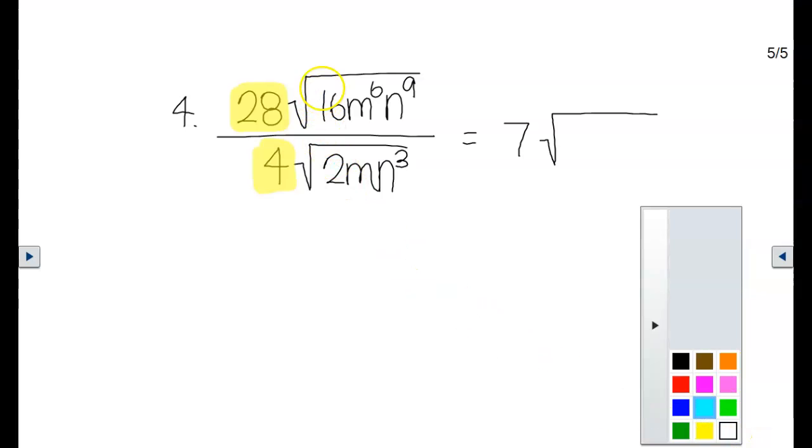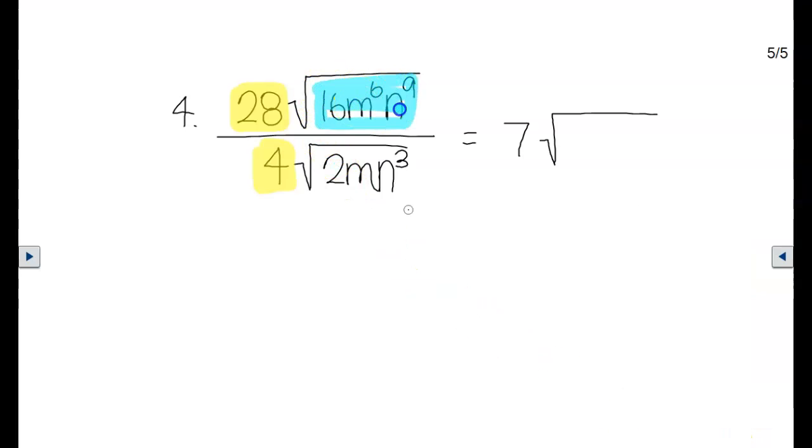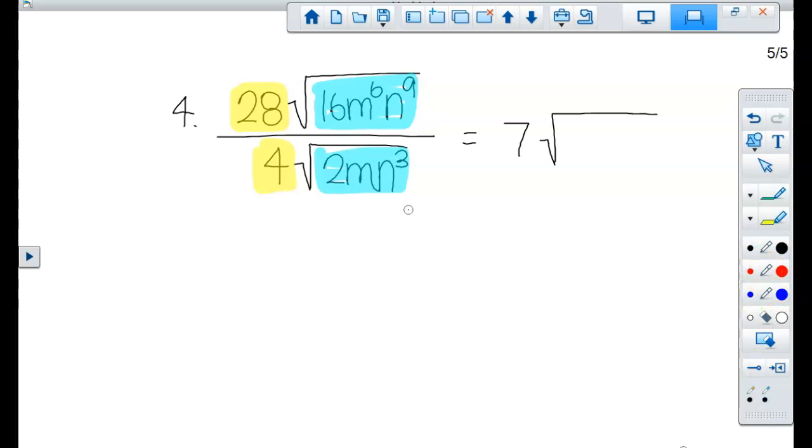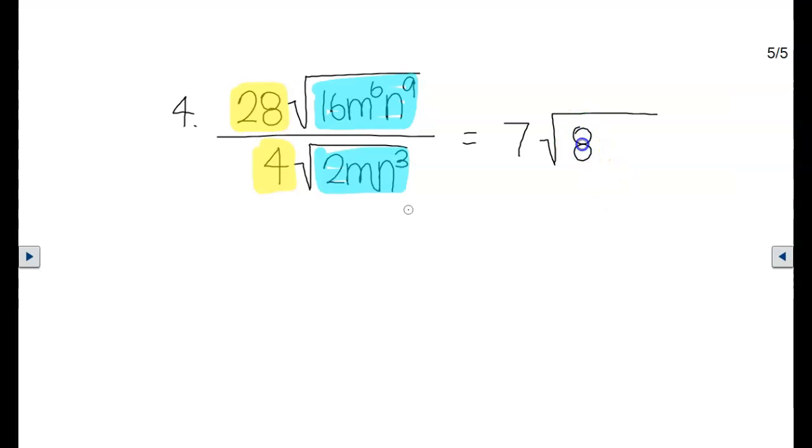Now we'll turn our attention to the insides. 16m to the 6th n to the 9th divided by 2m n to the 3rd is going to be 8 m to the 5th n to the 6th. We divide our coefficients. 16 divided by 2 is 8. We subtract our exponents. 6 minus 1 gives us m to the 5th, and 9 minus 3 gives us n to the 6th. So here's my answer after dividing.